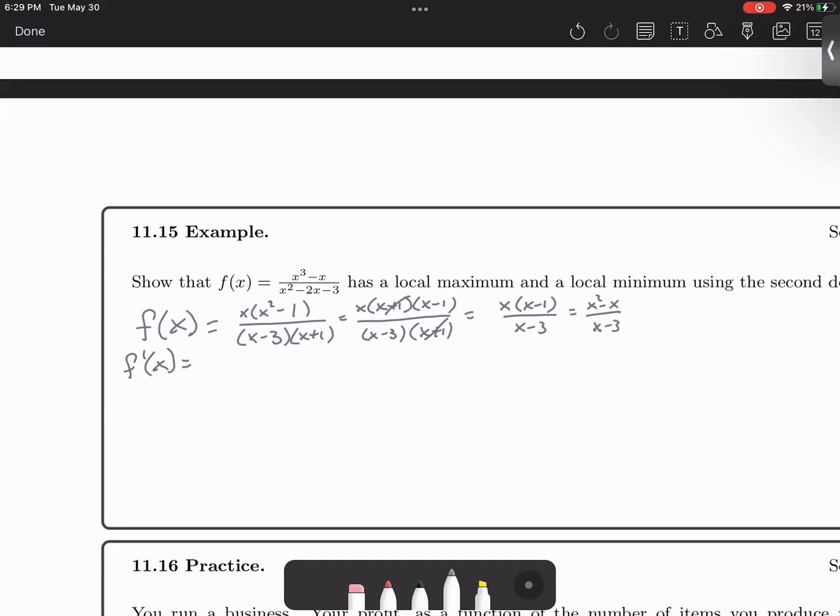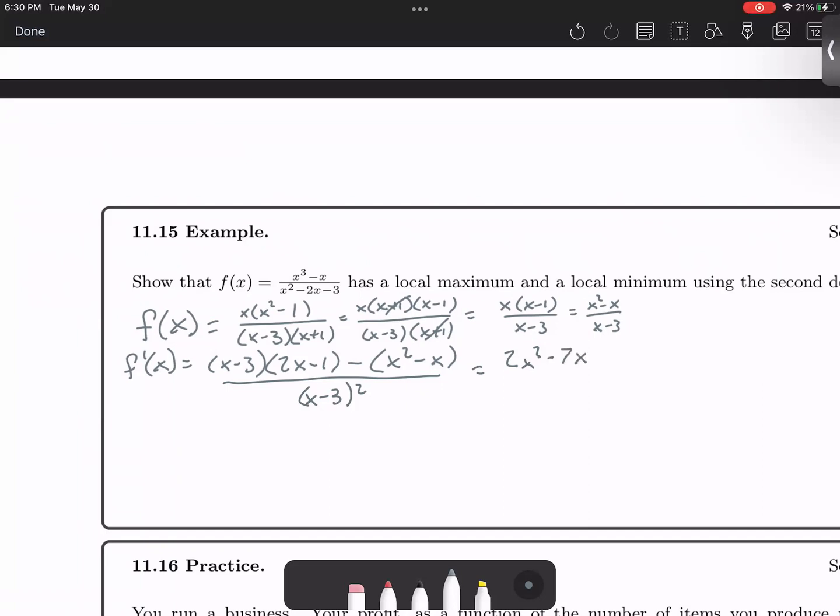The first derivative, we're going to use a quotient rule. So low d high minus high d low, that's just 1, all over low low. Let's clean this up. 2x squared, minus 6x, and then minus an x, so minus 7x.